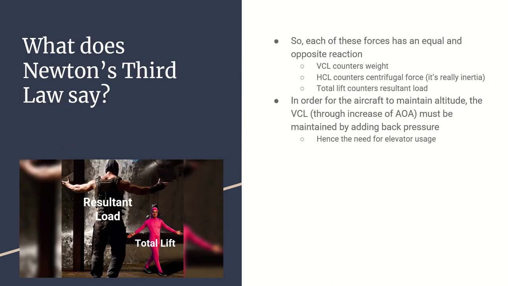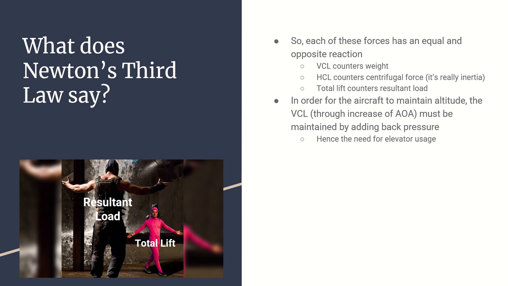So again, not the last time because we'll probably cover it again, but another time for Newton's third law to pop up and be used as an explanation for something. When we break down these forces, we have that vertical component, we have the total lift, we have the horizontal component of lift.